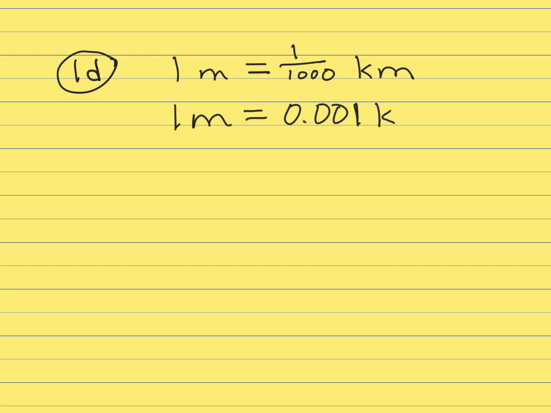Okay, on 1D, you're converting meters to kilometers. Okay, so we know that 1 meter, remember it takes 1,000 meters to equal a kilometer. So 1 meter is 1/1000th of a kilometer, or we can write 1/1000th in decimal form, 0.001 kilometers.